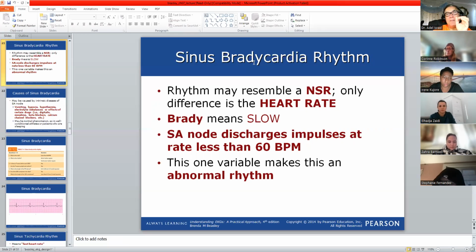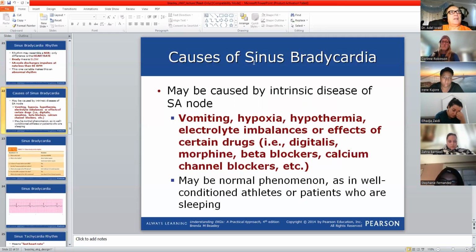In the exam, they frequently ask you about this issue: does this kind of condition need assessment or not? Actually, we have no assessment for such a condition. Okay, so let us go by what's the cause of sinus bradycardia.